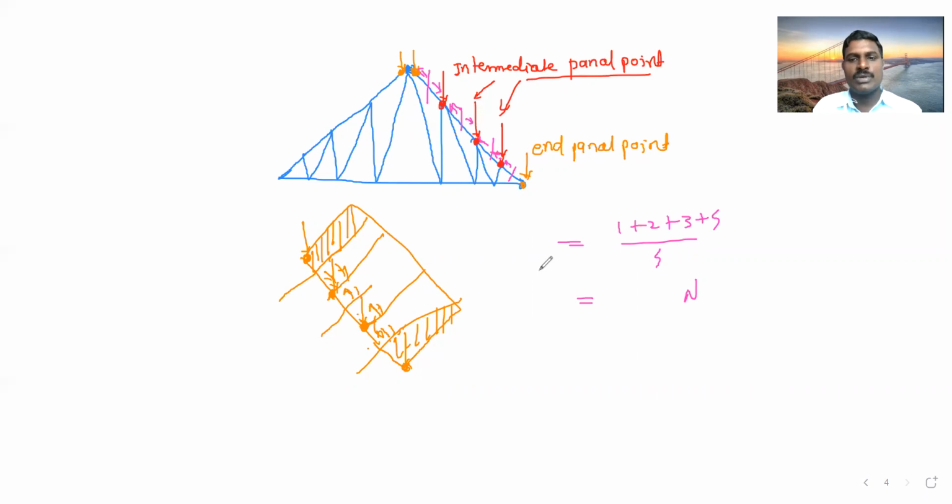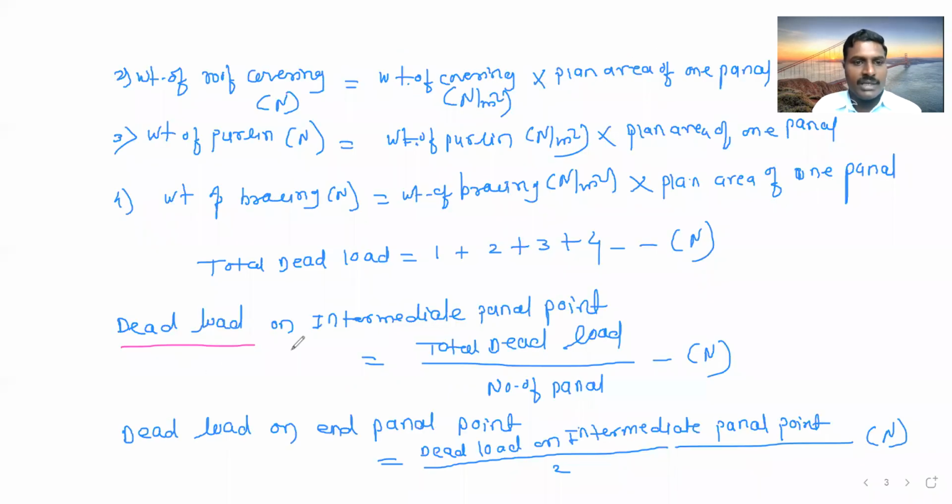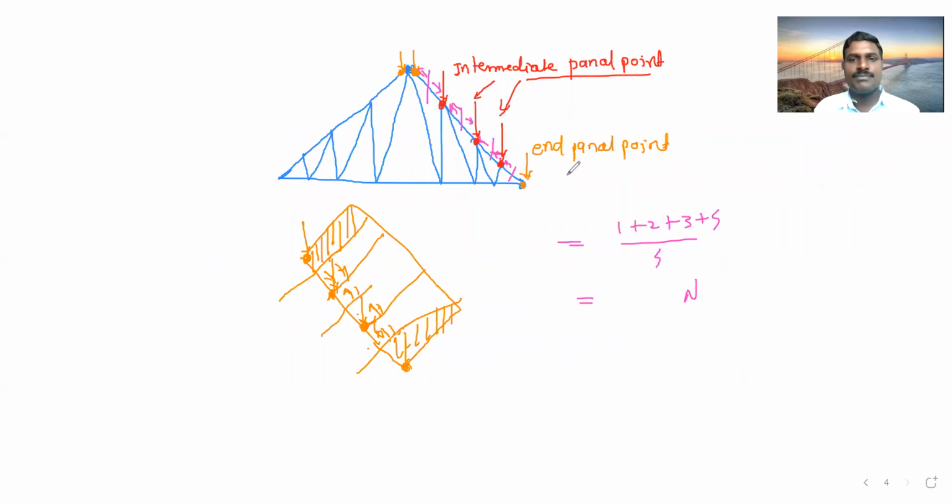So whatever formula we have written: dead load on intermediate panel point is equal to total dead load divided by number of panels, and dead load on end panel point is equal to dead load on intermediate panel point divided by 2. Are you getting this? Yes, sir.